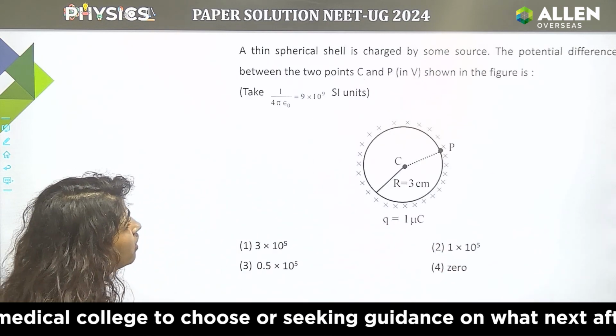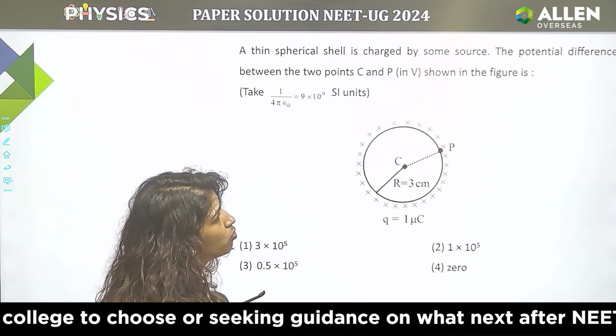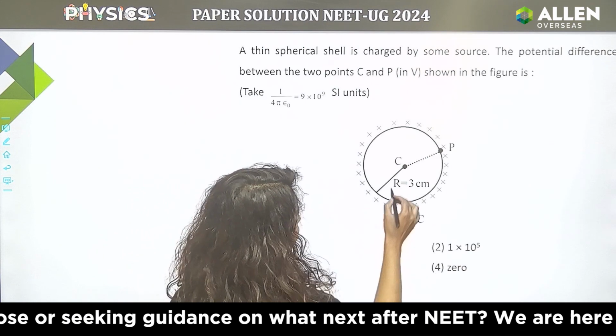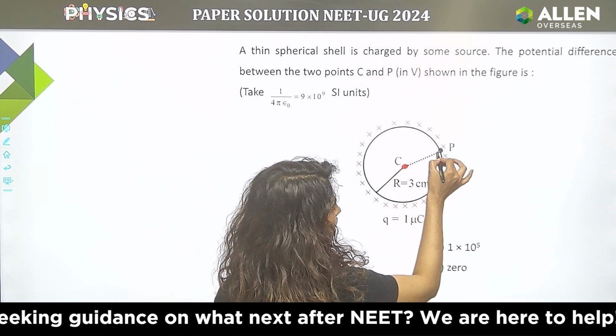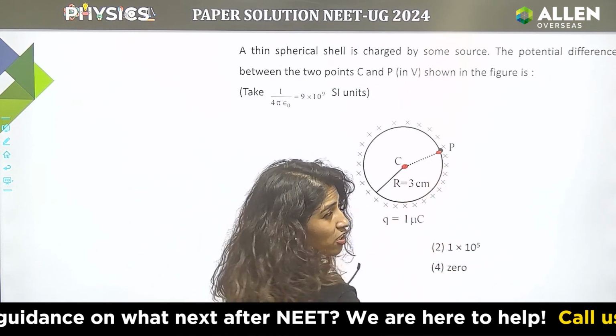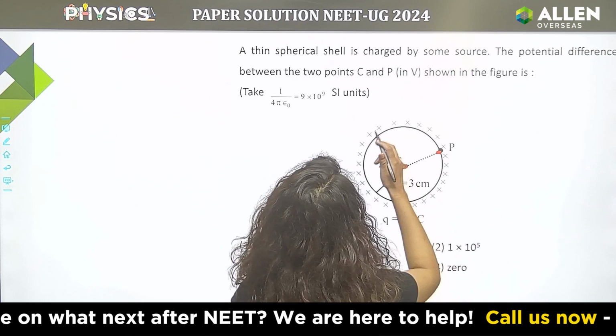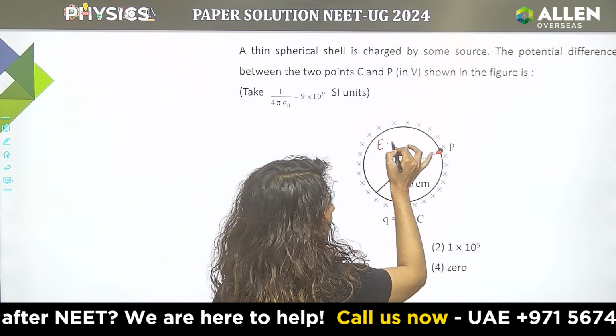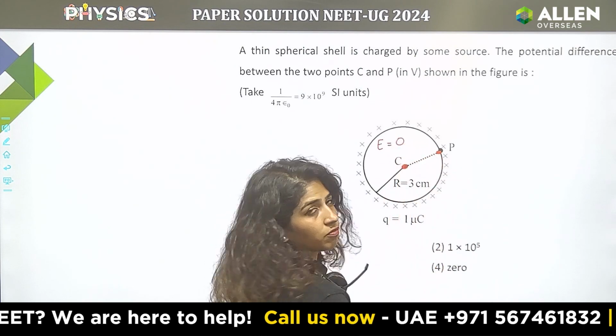Next, a thin spherical shell is charged by some source. Potential difference between 2 points C and P. So C is here, point P is here. What would be potential difference? Now, since it's a shell, the electric field inside it is going to be 0, right?